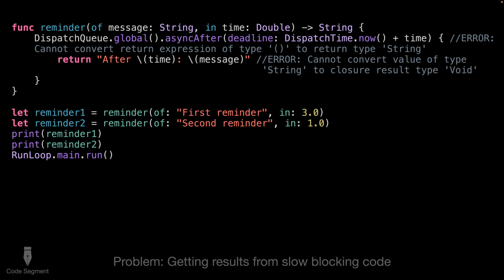Okay, so dispatch with closures. This is how concurrency has been done in Swift since its inception until Apple started to change things at the language level about 4 years ago, okay? So basically, there is a problem, which is getting results from slow blocking code.